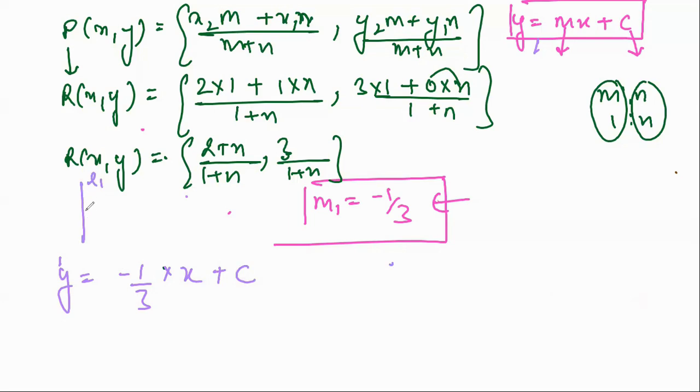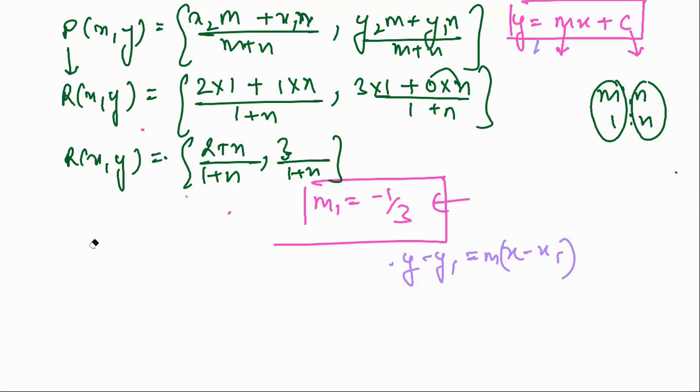Whenever we have the slope and a point on line L1, we have the general formula y minus y1 equals m into (x minus x1). I have in mind that m is equal to minus 1 over 3, and now I am putting it in.